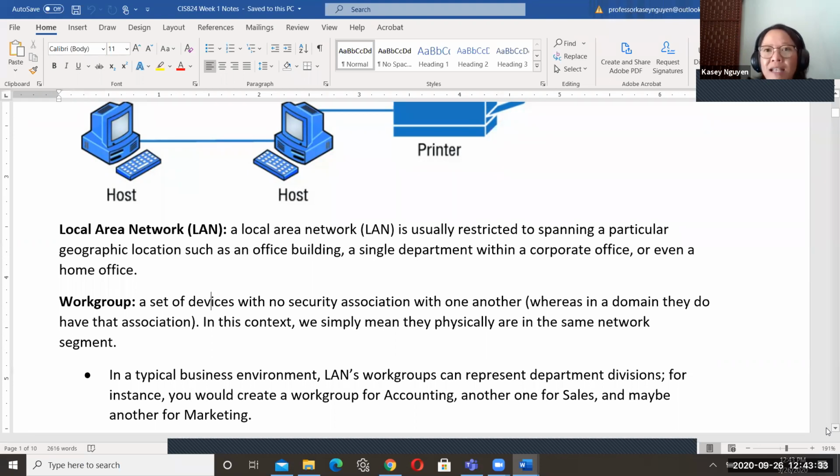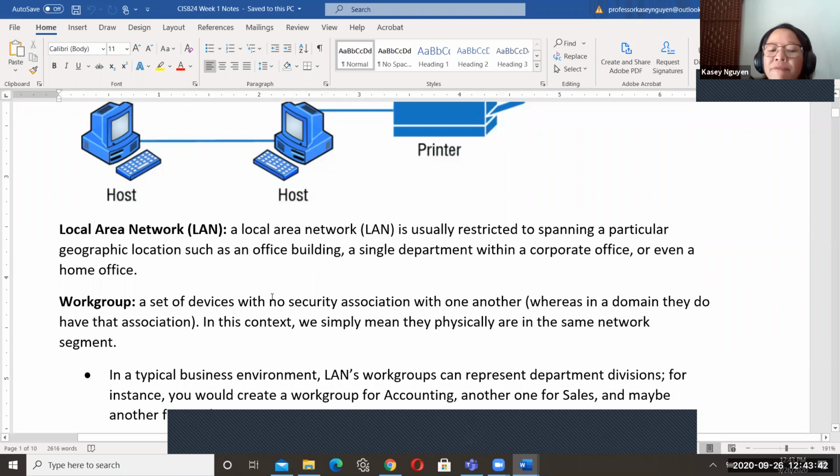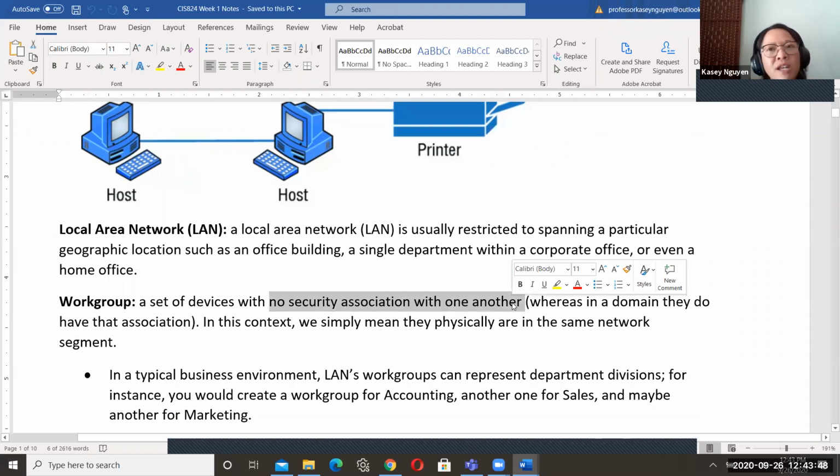So in that case, it's not a workgroup environment, okay? So keep in mind that in the workgroup environment, the devices have no security association with one another. You can share and control the security of the shared files and the resources, but you cannot really control the other system outside of the sharing sense, okay?